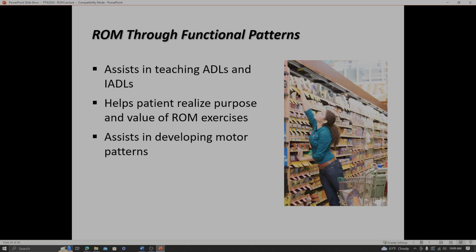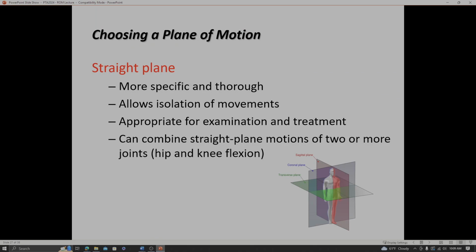Functional patterns, right? So we're teaching ADLs that are appropriate for interdisciplinary functions like going to work, going to school, things like that. All right, so you choose your plane of motion when you're doing range of motion. We learn all the planes as straight planes, right? Transverse plane, sagittal plane. This isolates the motion and makes it easier to measure. That's why it's more appropriate for examination and treatment.